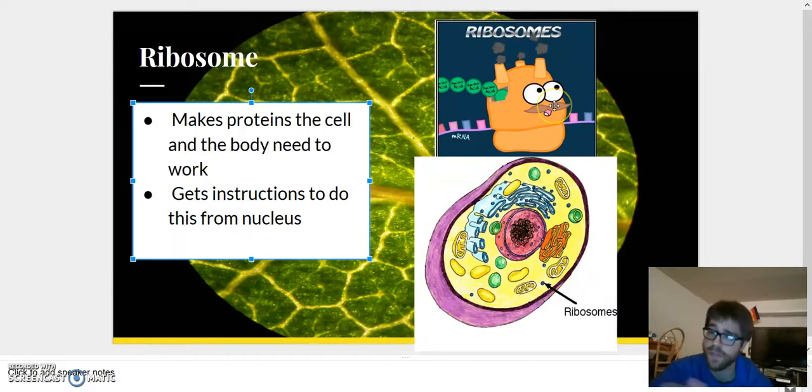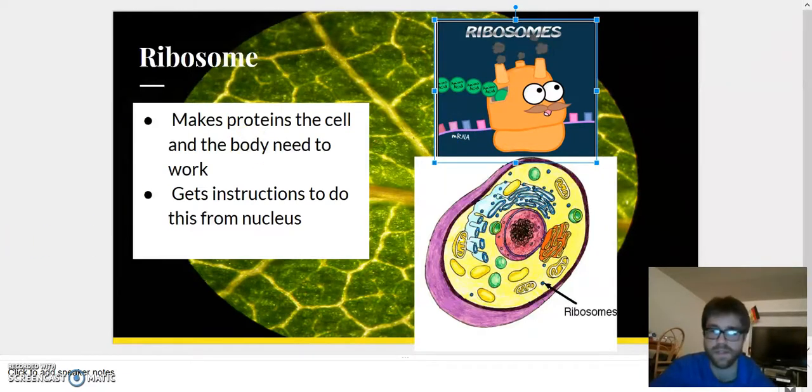They don't just know how to make a protein. They know how to make one, but they don't know what kind of protein to make. There's so many kinds. So the DNA sends this little messenger RNA, sends a messenger to the ribosome. The ribosome reads it, and then the ribosome makes the protein that the instructions tell it to make.